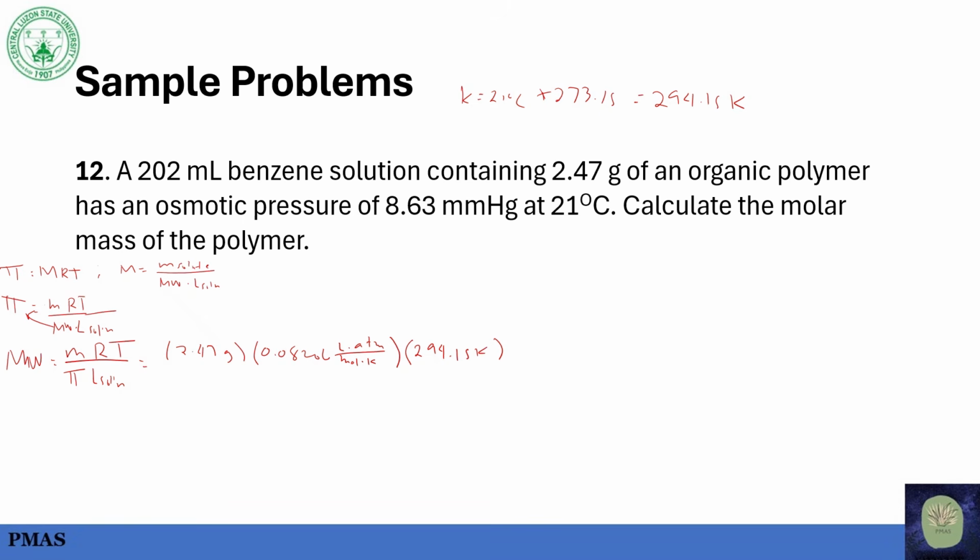294.15 Kelvin. Now for the lower end, we have the osmotic pressure, but it is in millimeters mercury. So 8.63 millimeters mercury. We must first convert it to atmosphere. So we have 760 millimeters mercury is 1 atmosphere. Therefore, cancel this. Okay.